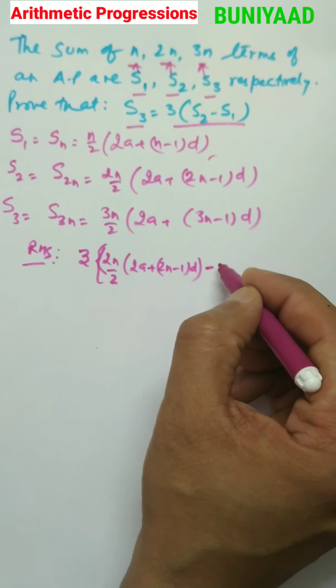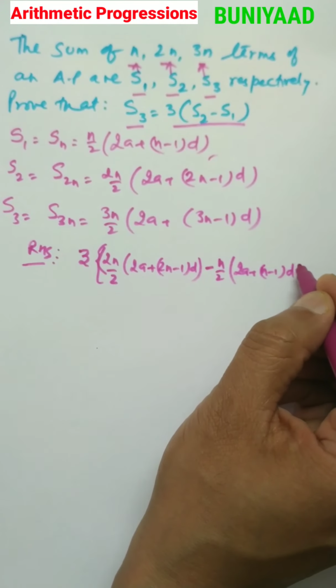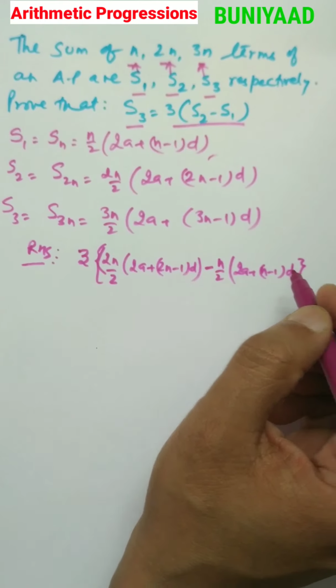This is your S1: n by 2, 2a plus (n minus 1) into d, right?